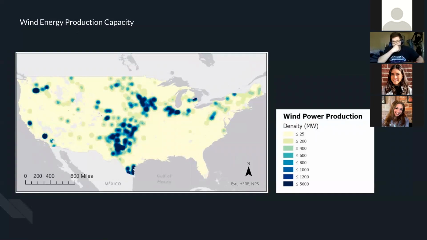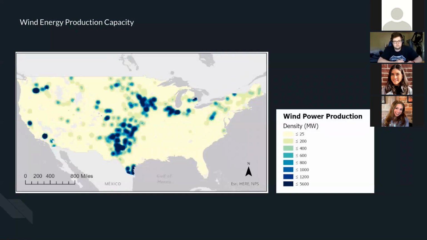As of 2020, the US produces an average of 338 terawatts of wind-generated electricity over a year, coming from about 60,000 functioning wind turbines. As shown in this kernel density map, many of these turbines are primarily located in the central United States, roughly coinciding with the geographic area known as Tornado Alley.